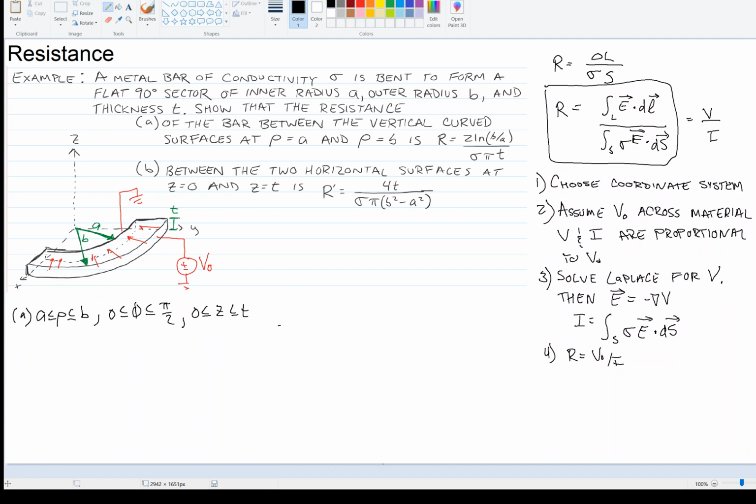All right, so that's nice. So if it only depends on rho, then Laplace's equation, now we have the boundary conditions, V0 and ground. Laplace's equation in cylindrical coordinates and in one dimension, the rho dimension, is this. Really that doesn't even need to be a partial because there's only one variable, rho.